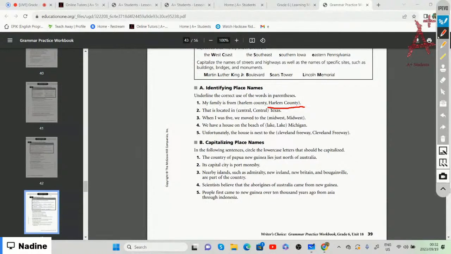So number 4, we have a house on the beach of Lake Michigan. And Lake Michigan is capital letter.